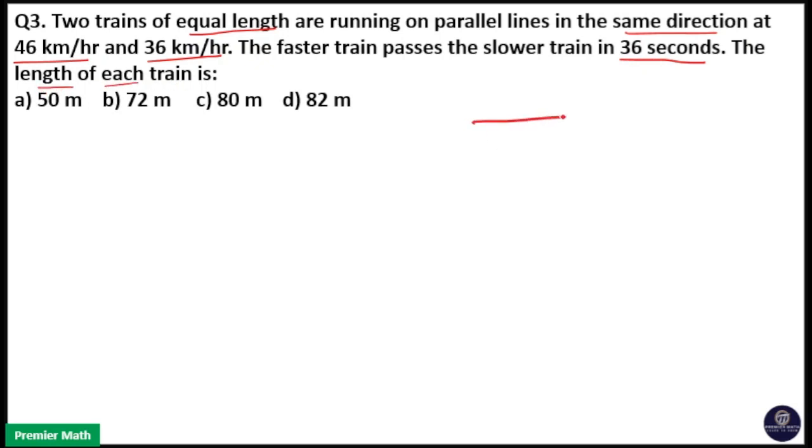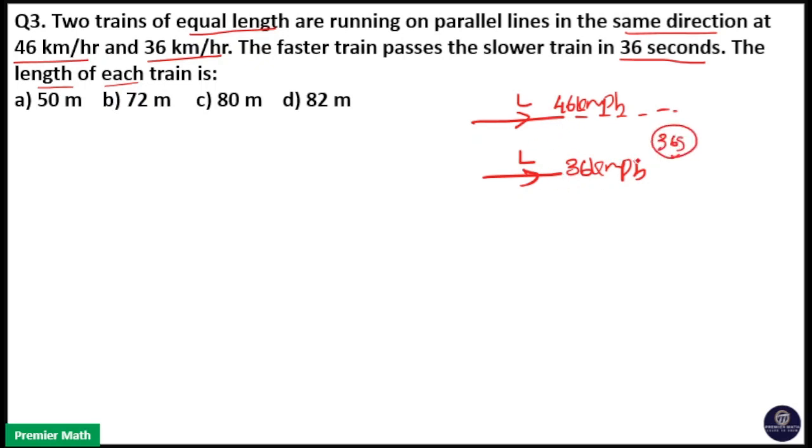Here two trains of equal length L running in parallel lines, and one has speed 46 km per hour and another has speed 36 km per hour. Here this faster train passes the slower train in 36 seconds.